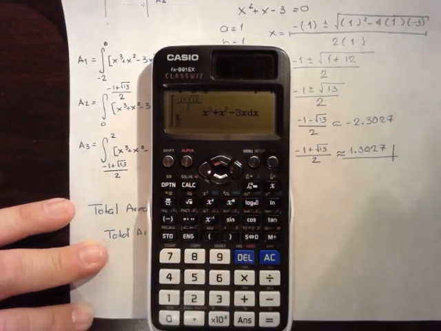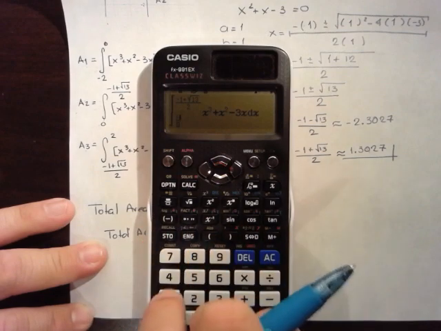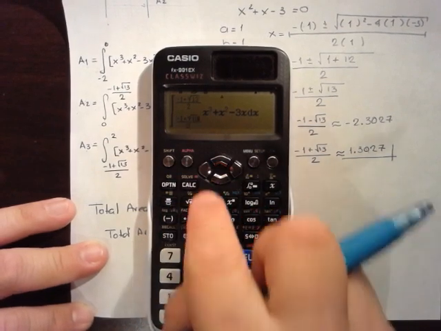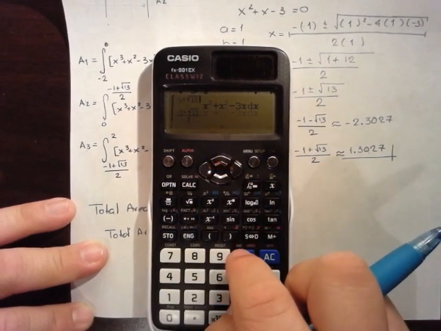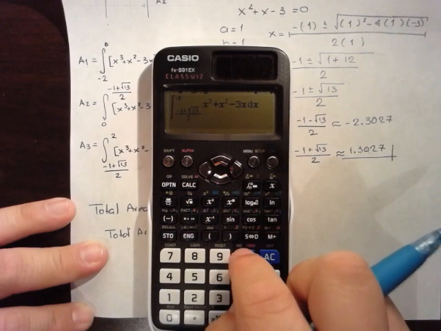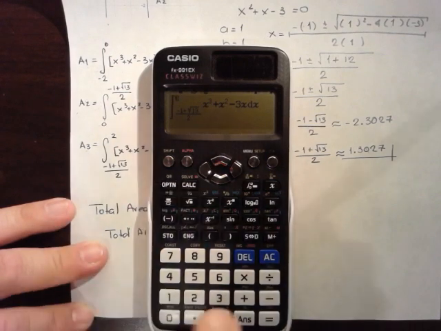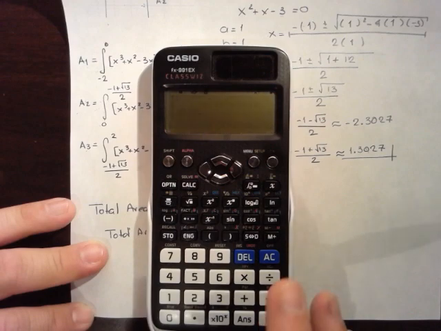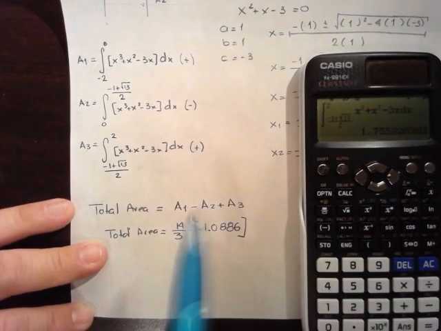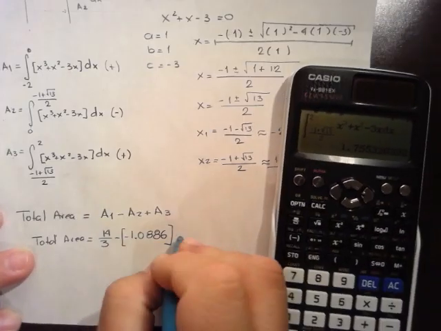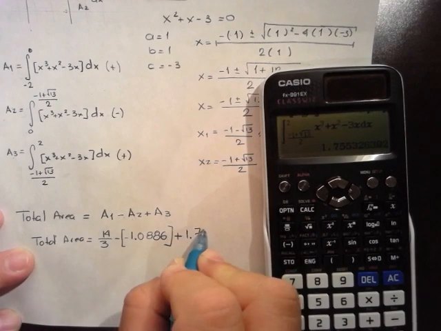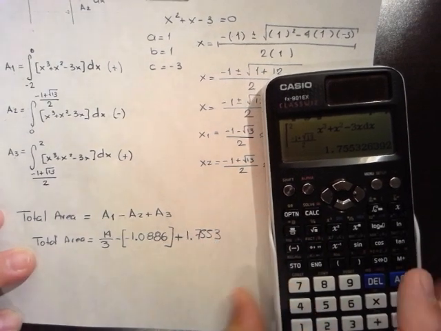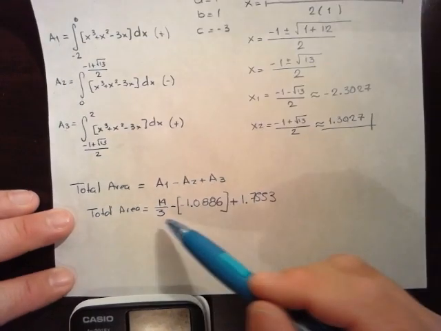When I put the fraction, I'm going to write minus 1 plus square root of 13 over 2, and then I'm just going to write the superior limit, that is number 2, and this is going to be equal to, and then I'm going to write over here plus 1.7553. So as you can see, I have the first, second, and third area.